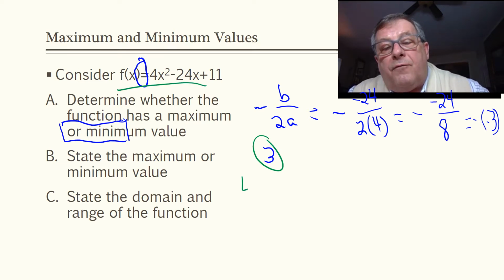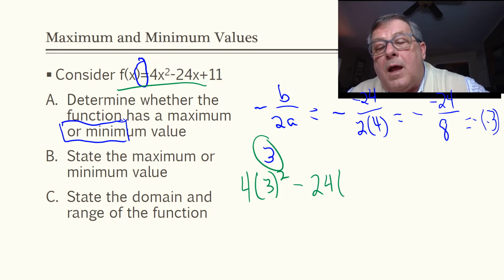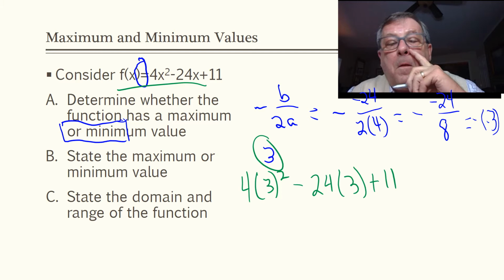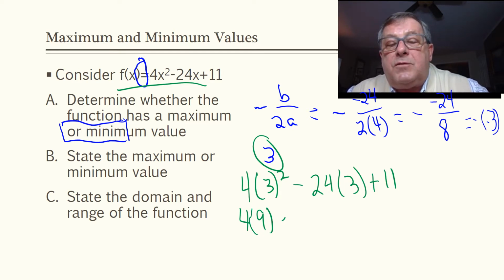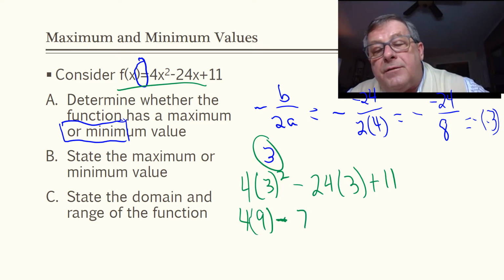So now I've got 4 times 3 squared, minus 24 times 3 plus 11. Well, let's see, 3 squared is 9, so now I got 4 times 9. And negative 24 times 3 is negative 72, plus 11.